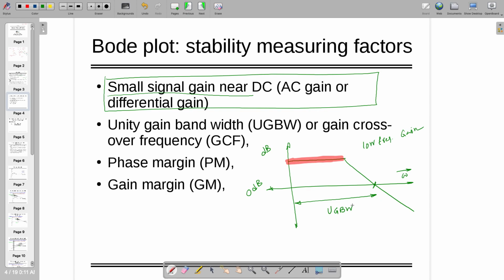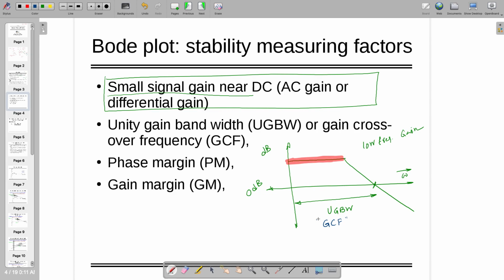This is the name we electronics people say. If you are with some mechanical faculty or control faculty, they are not going to call this name, but there is another name which is called gain crossover frequency. By the way, again, these two names are the same, right? Two different people are talking in different languages, but it's the same thing, right?